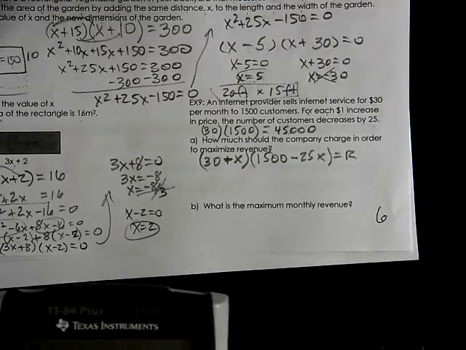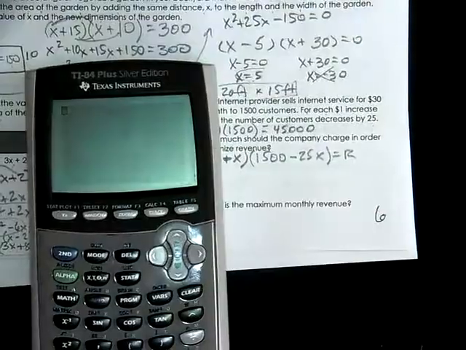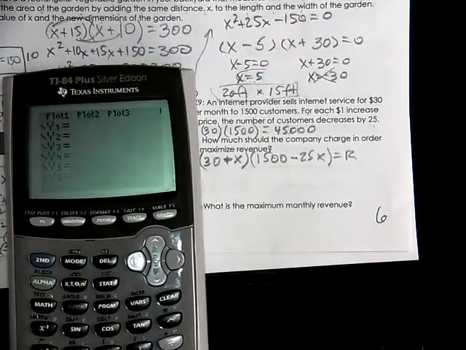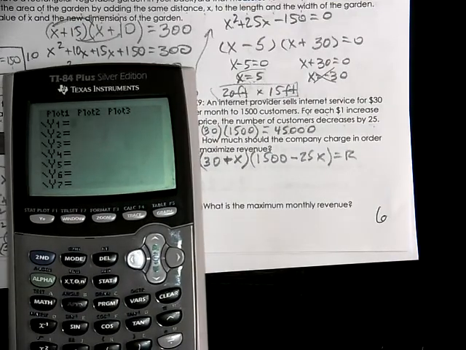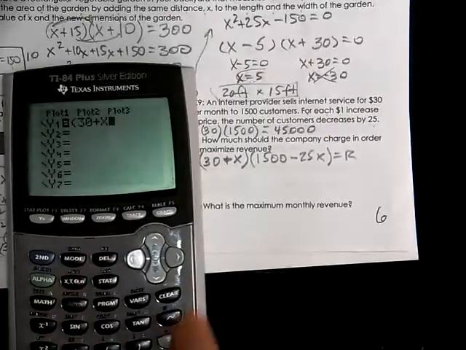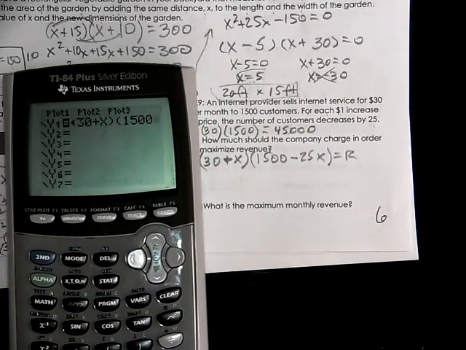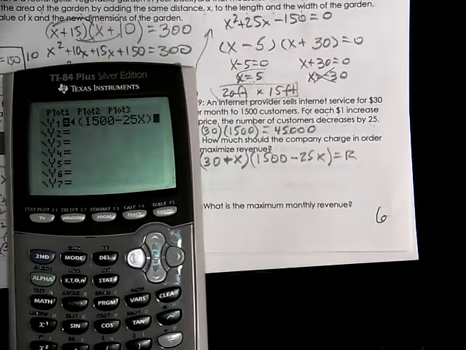So we take our calculator and we're going to go to y equals. You might want to go to second plus 712 to clear it out. We'll do 30 plus x and 1, or actually 1500 minus 25x.